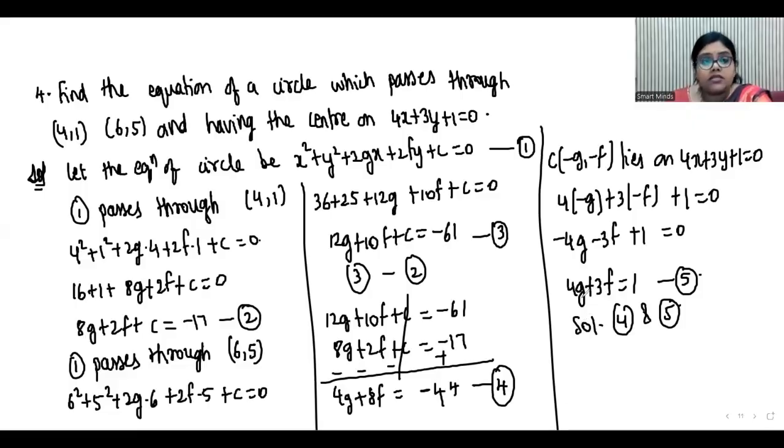One minute, there is a change in the question. I have taken the constant wrong. So here it is not plus 1, it is minus 24. So here it will become minus 24.